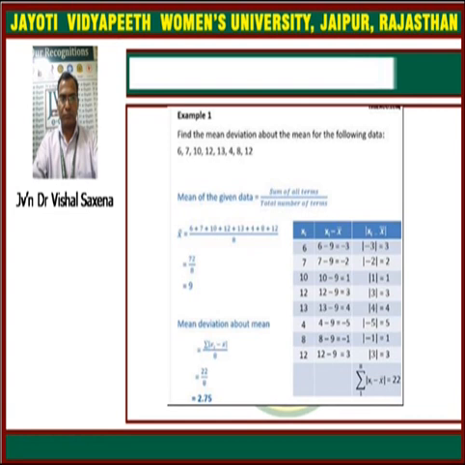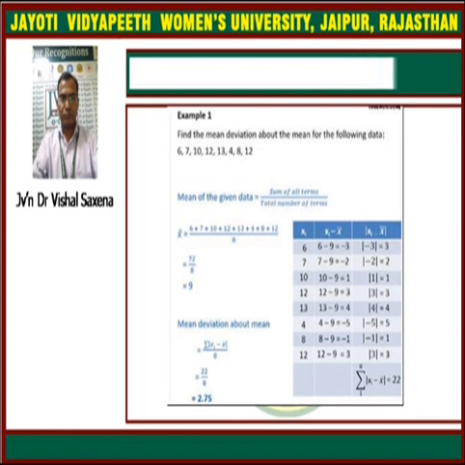Now in the next column we take their absolute values. These are 3, 2, 1, 3, 4, 5, 1 and 3. After this we add these values. The summation of |xi minus x bar| comes to 22.